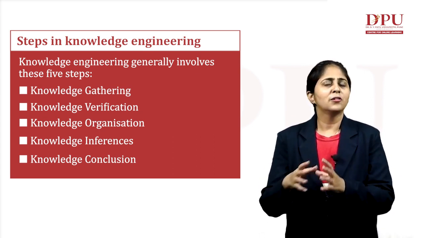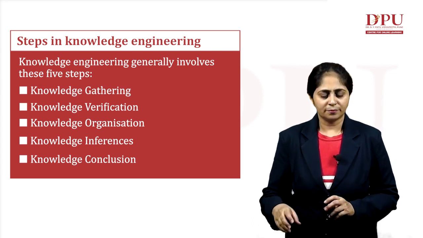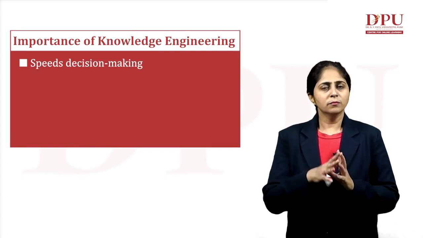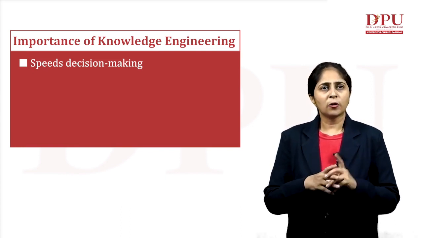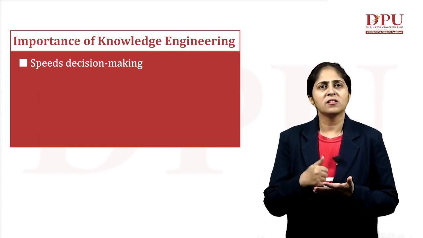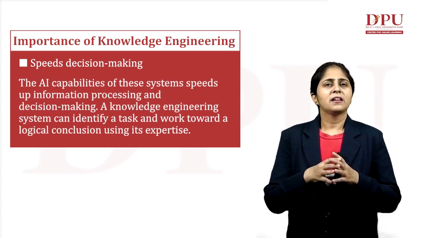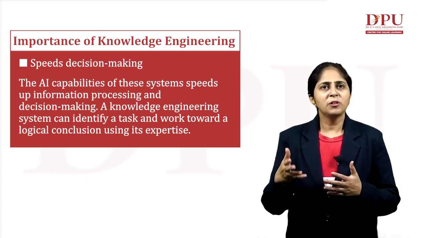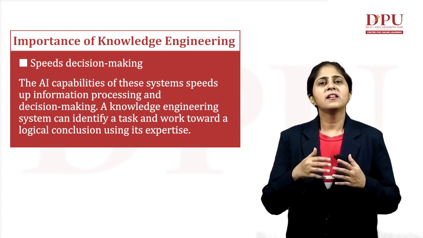the knowledge engineering approach. Talking about the importance of knowledge engineering, why is this knowledge engineering important? First one, it speeds the decision making system. The AI capabilities of these systems speed up the information processing and the decision making.